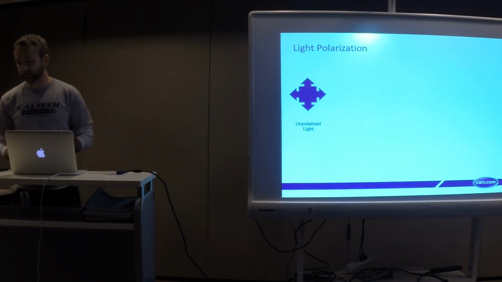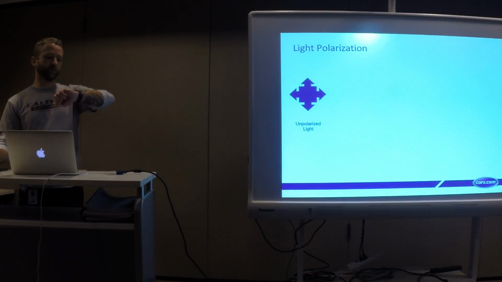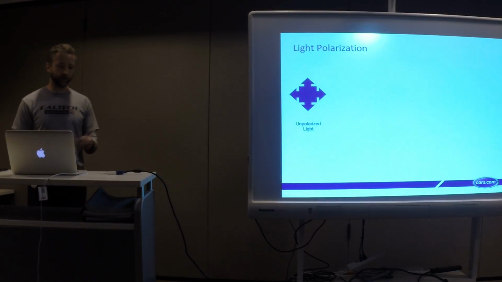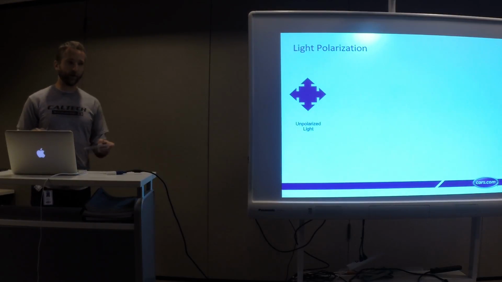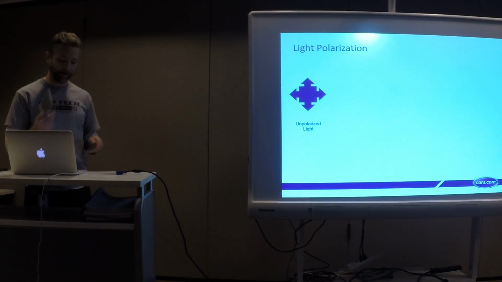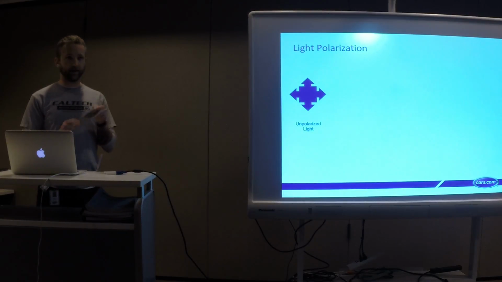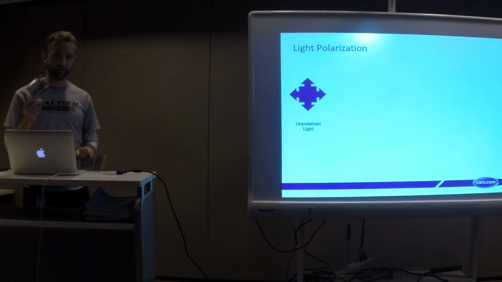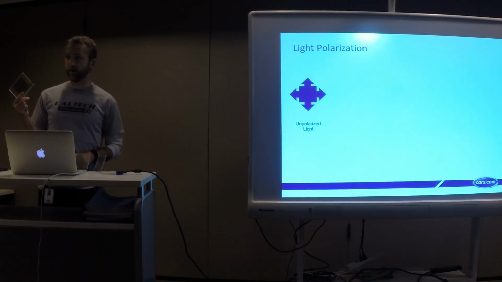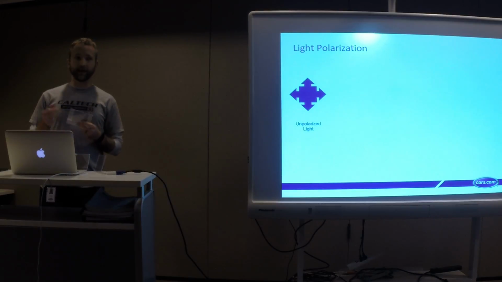So I wanted to give a real quick real life example of how this works. I've got here a couple of polarizing films. These are the same thing that are in your 3D movie glasses when you go to the movie. In your glasses, you've got a vertically polarized filter on one lens and horizontal on the other.